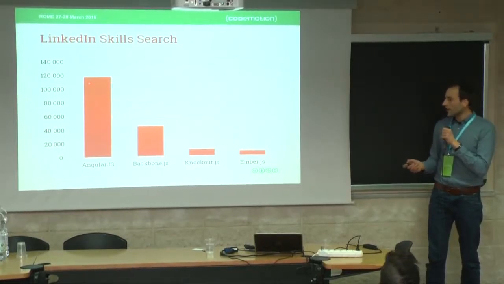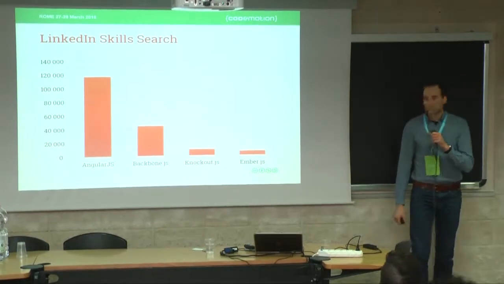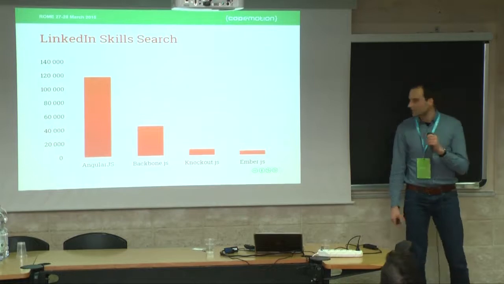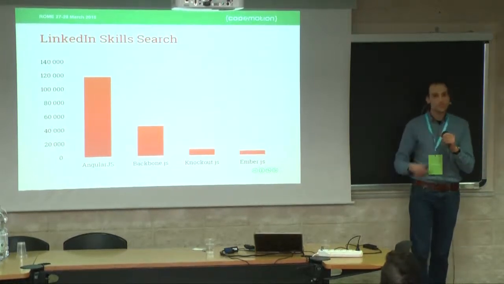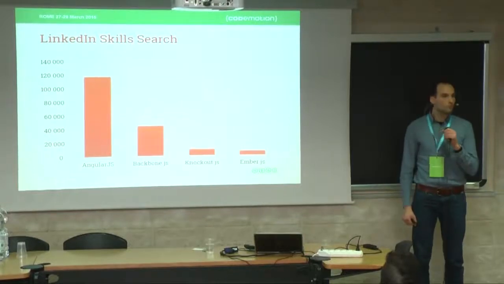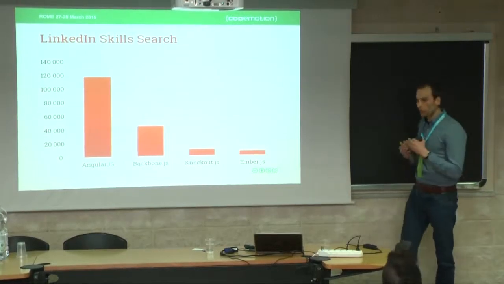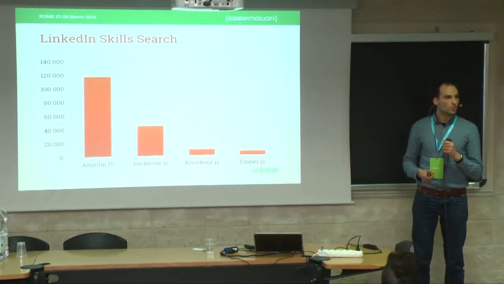So we have around 100,000 and more people who have put AngularJS as a skill on LinkedIn, compared to Backbone, Knockout, and Ember. So it's really, really popular, and a lot of people are adopting it. So there must be something about it that people like. And now I'll try to show you what it is and why it's getting that popular.